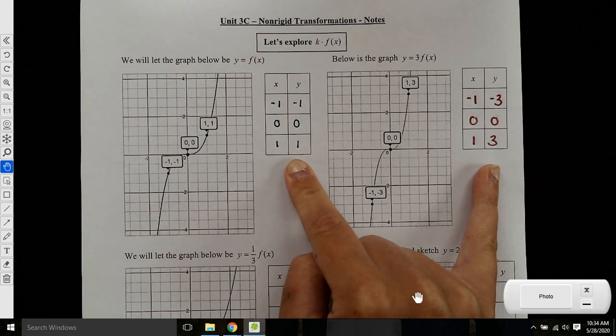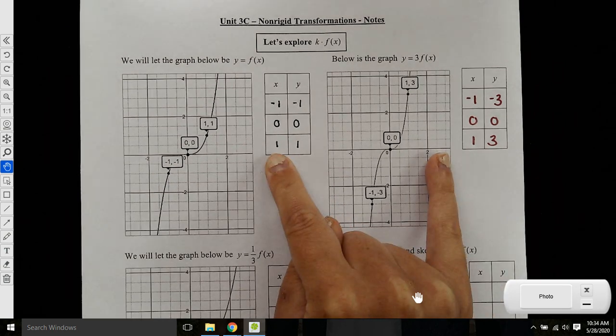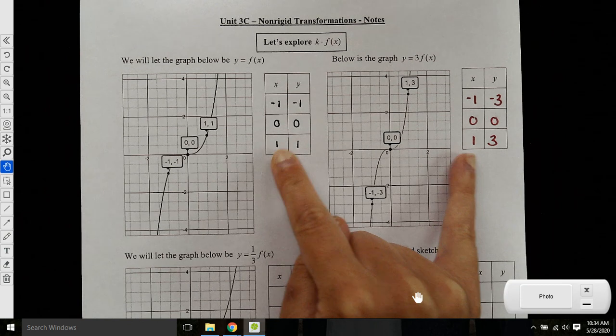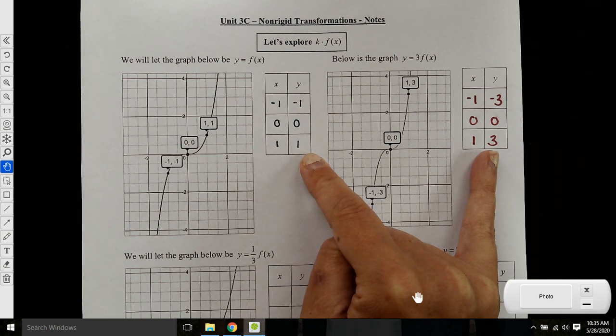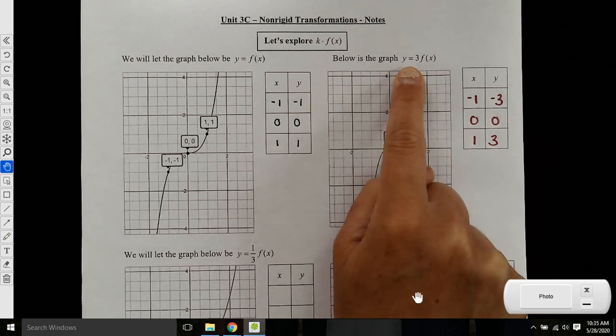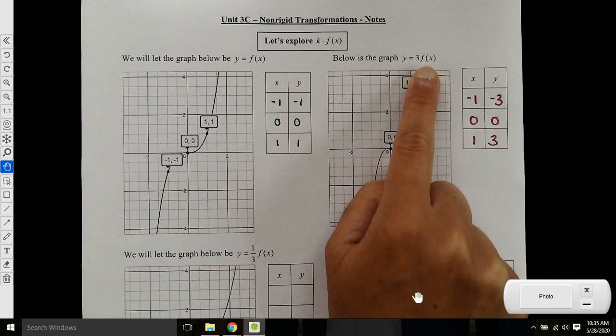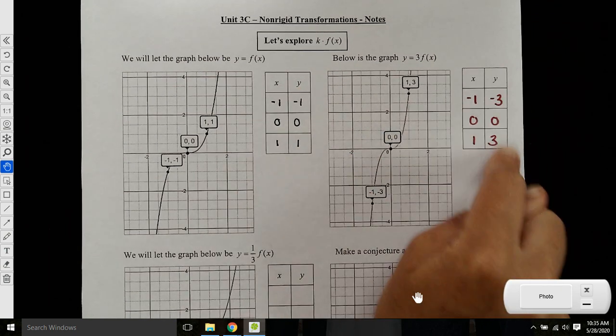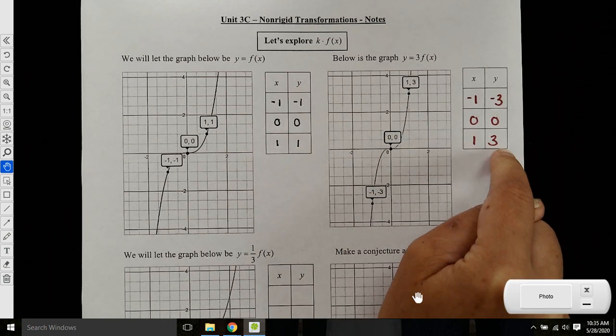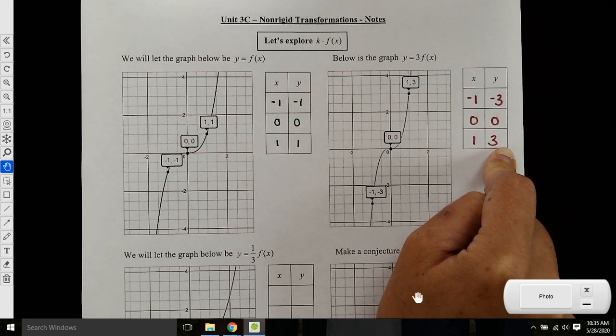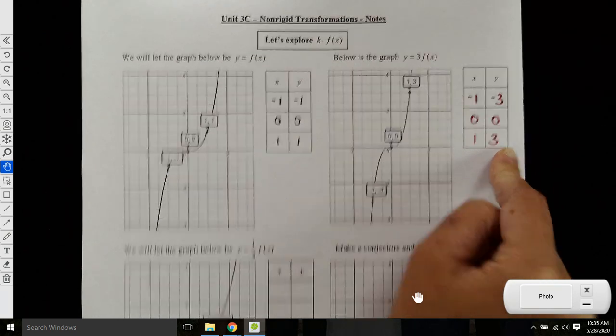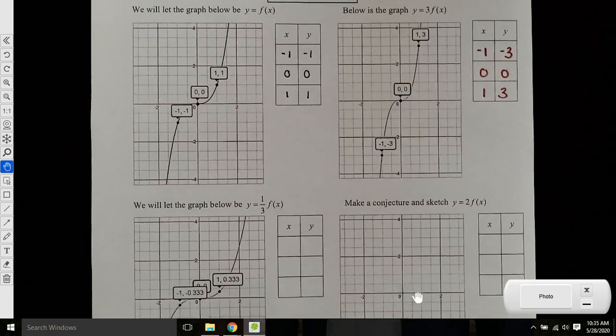What you're probably recognizing is that the x values stay exactly the same and the y values changed. The function says 3 times f of x. If I take the y values and multiply them by 3, I get these values. So my instinct here is that when I multiply a function by a constant like 3, I multiply the y values by that constant. Let's see if the next two sketches hold true to that.